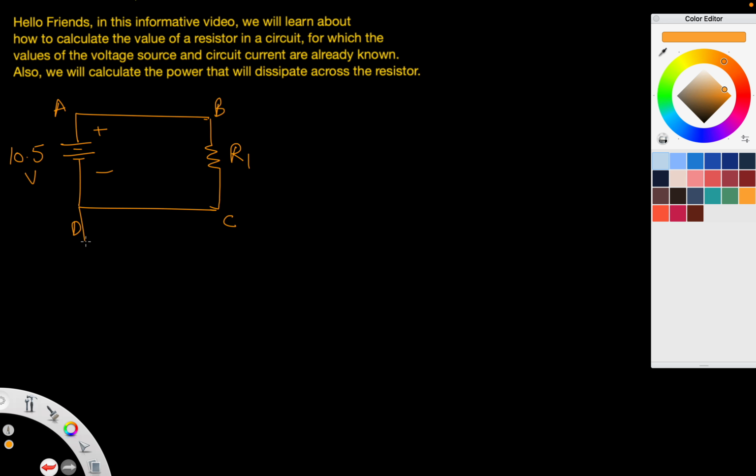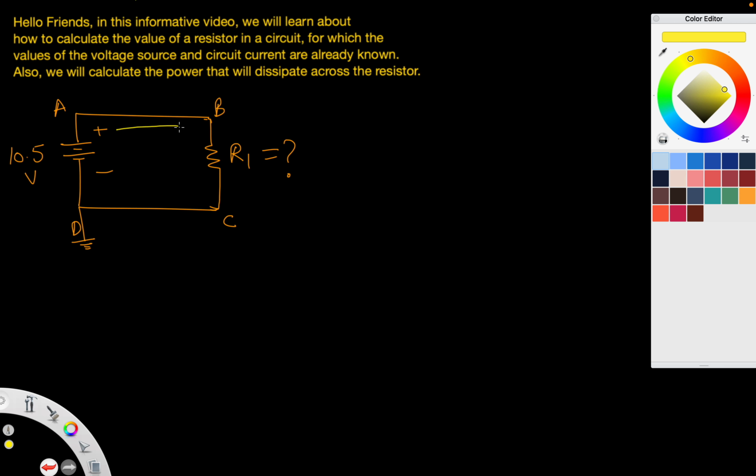Node D is grounded here, and technically node C and node D are the same because they are connected to each other directly, without any component, and also node A and node B are the same. We have to calculate the value of the resistor, and we also know how much current is flowing through the circuit.